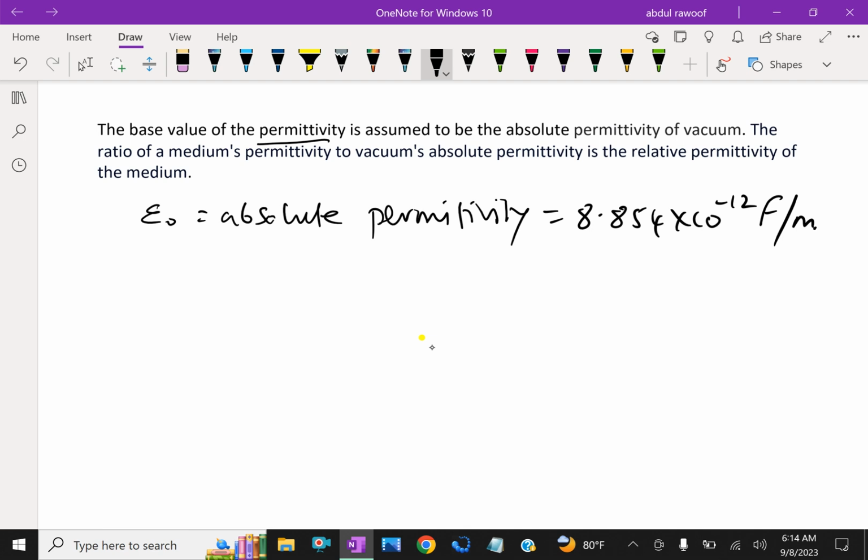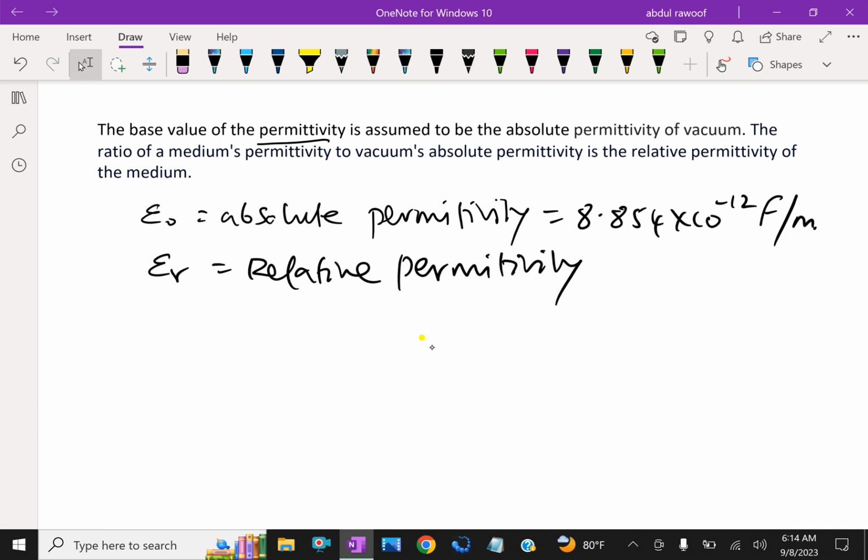Relative permittivity, that is epsilon r, for vacuum is equal to 1. There is no unit because it is a comparison of two permittivities. Being the ratio of two similar quantities, epsilon r has no units. Now, take any other medium.